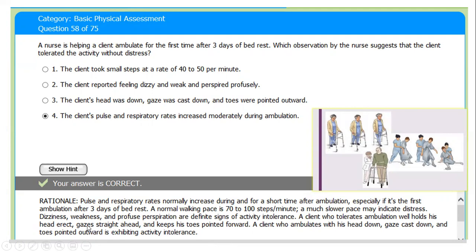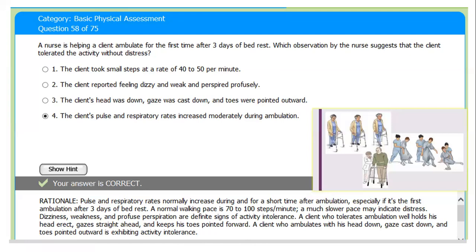Dizziness, weakness, or profuse perspiration are definite signs of activity intolerance. A client who tolerates ambulation will hold his head erect, gaze straight ahead, and keep his toes pointed forward.